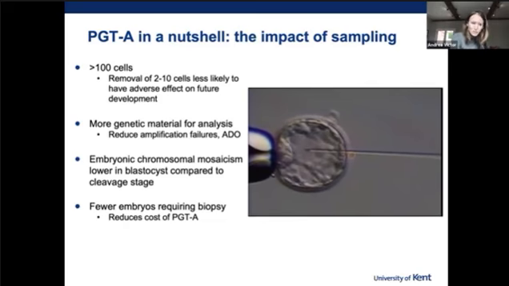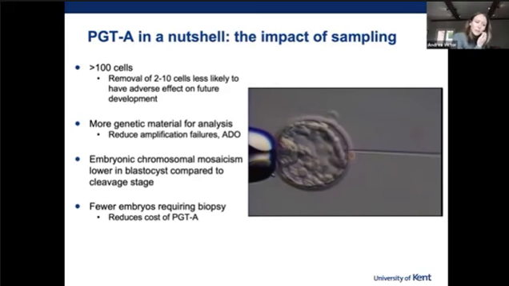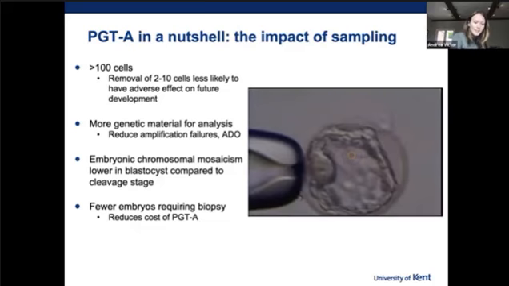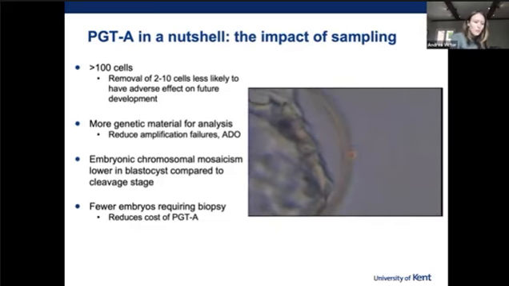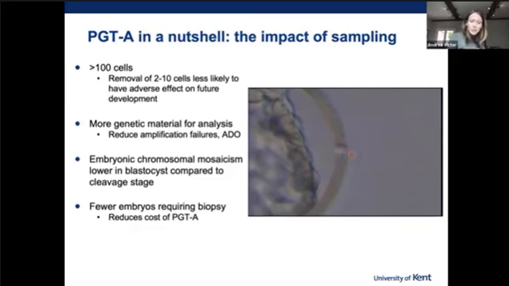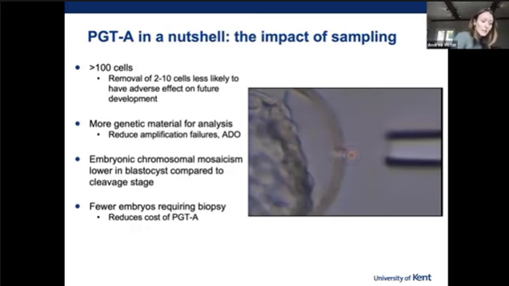More specifically, a blastocyst typically has 100 cells or so, and removing somewhere between 2 and 10 of these cells is less likely to have an adverse effect on future embryo development, since it means removing a smaller proportion of cells compared with a cleavage stage biopsy, for example. It means more cells, or more genetic material, on which to perform testing.